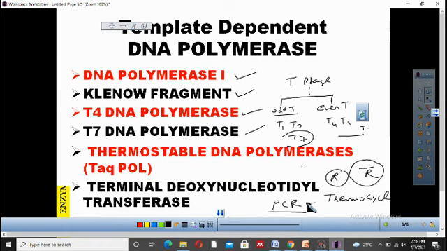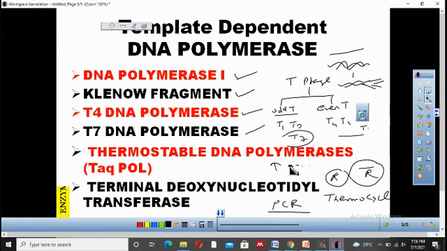So here we are using the thermostable DNA polymerase, because inside the cell, the double stranded DNA can be separated progressively, and simultaneously the replication goes on. Okay. But in the thermocycler, we need to increase the temperature.